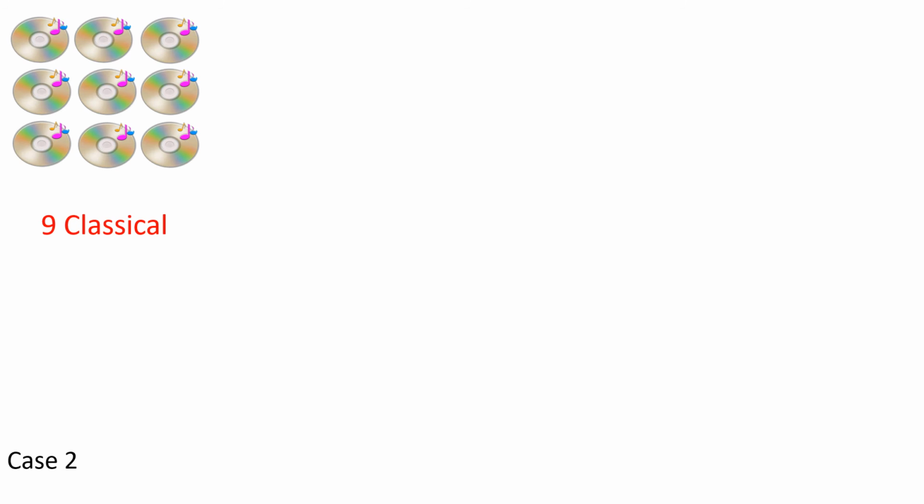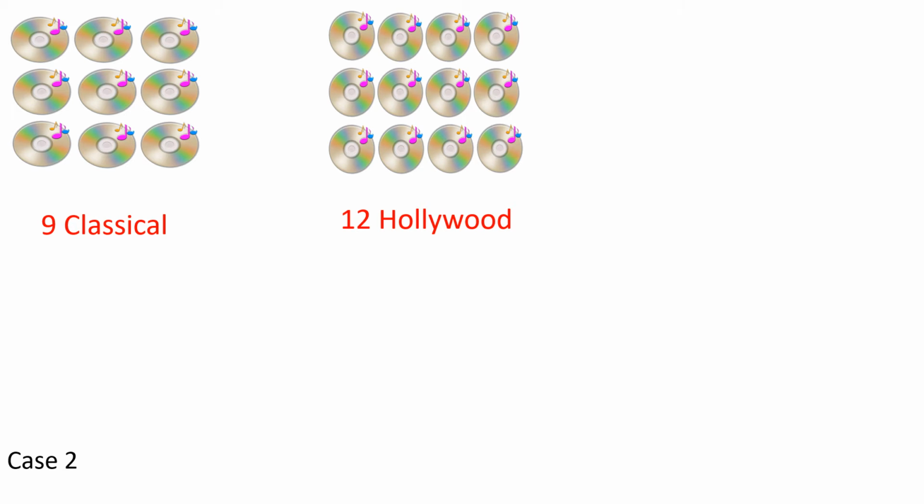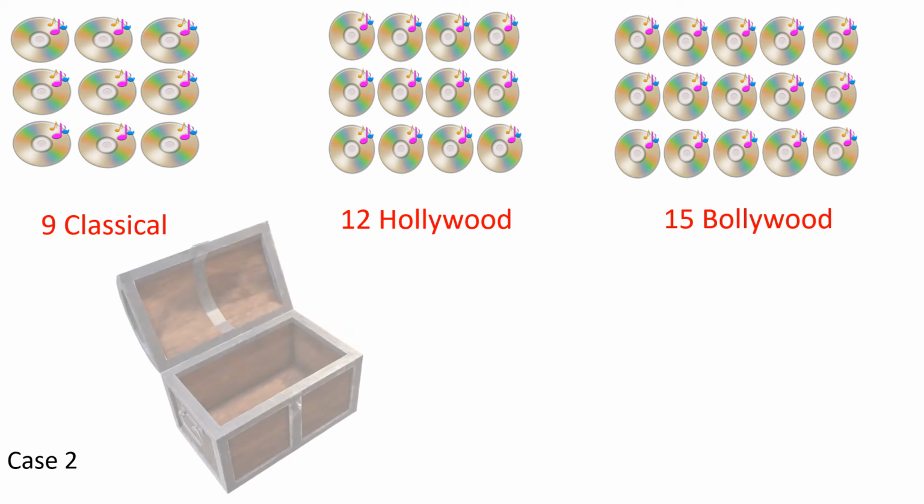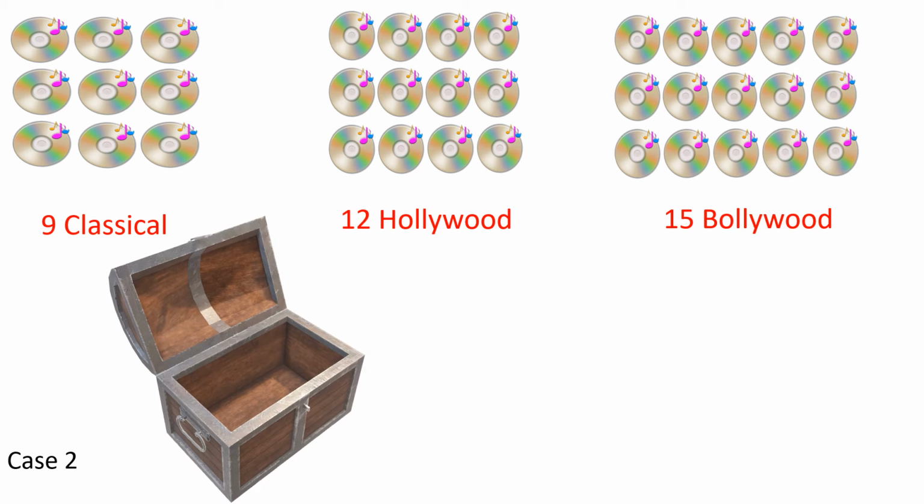Now if Harith needs to pack only one type of CD in one box, then how many CDs will he pack in one box and how many boxes can he pack? In that case, with one type of CD in one box, the HCF is 3. It means 3 CDs in one box.